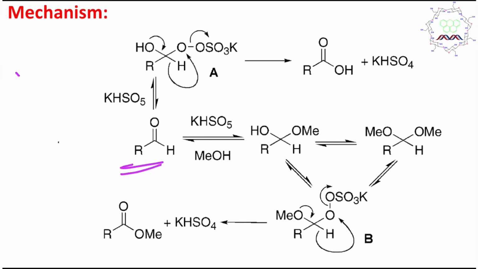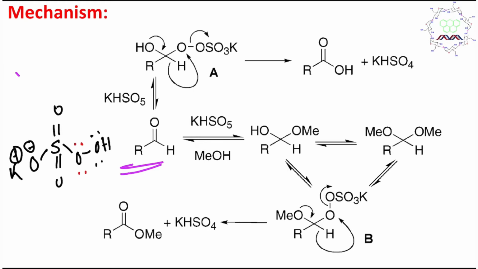Why does this reaction happen? Because if you look at the structure, this is the structure, and in this case this is O minus K plus. So this part is not responsible. Some time before I told you that due to this lone pair repulsion, which is called the alpha effect, the nucleophilicity of this peroxy oxygen increases.